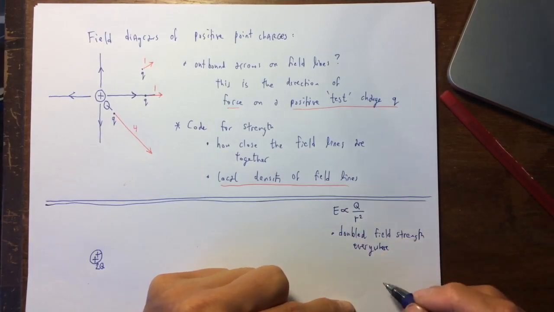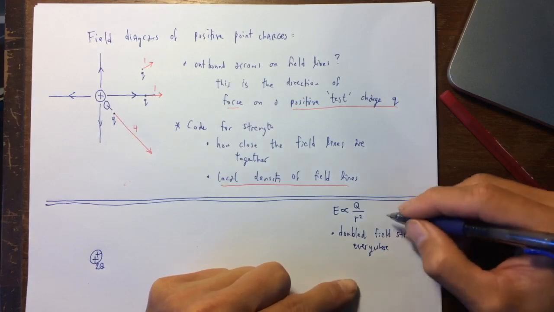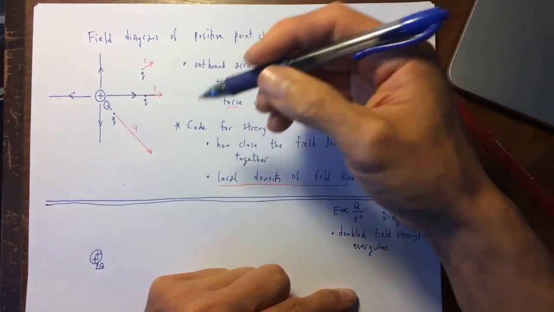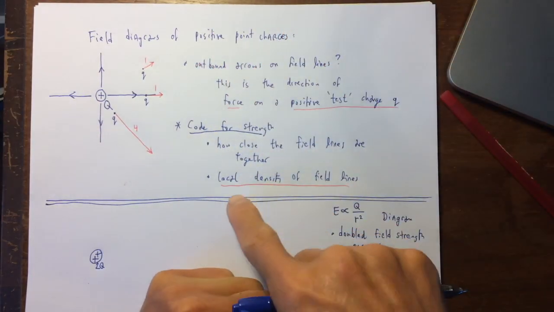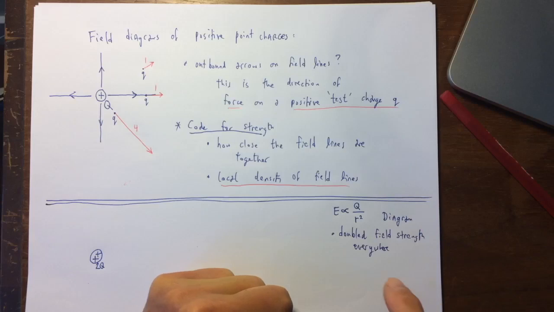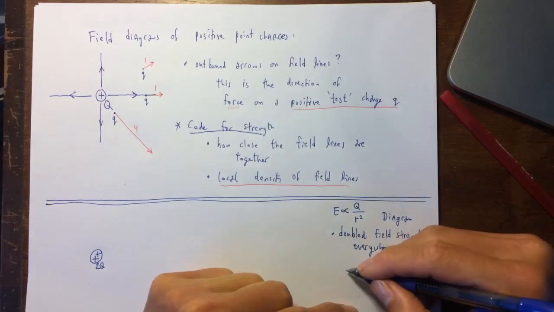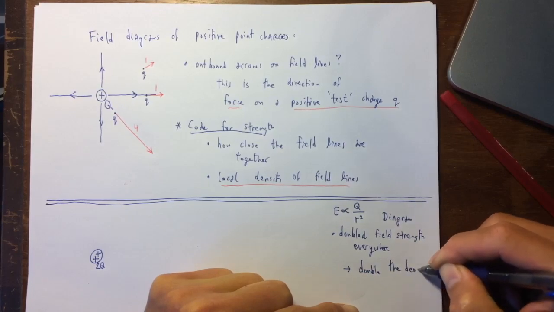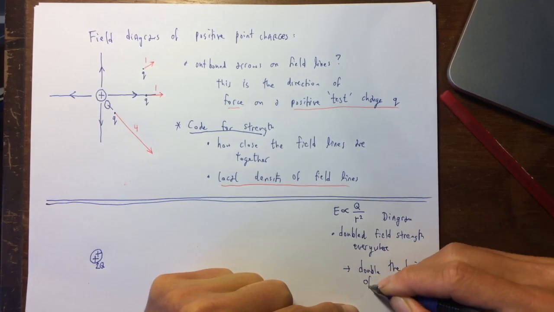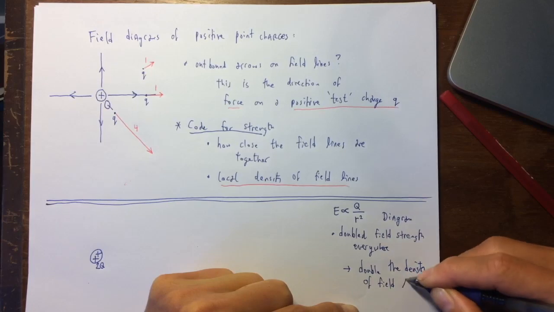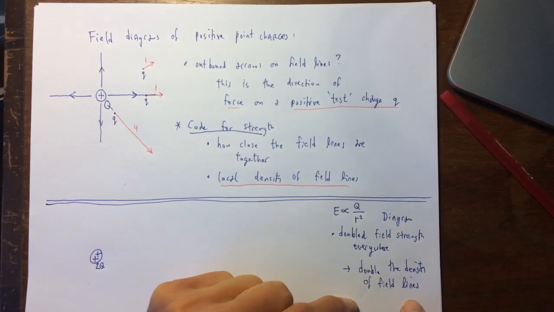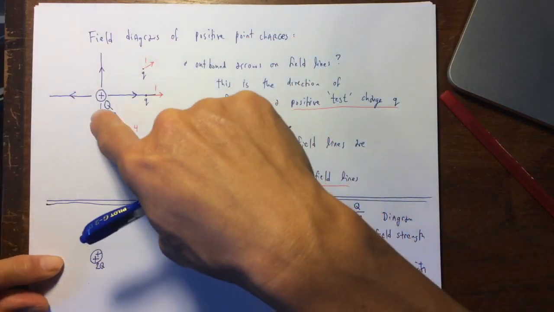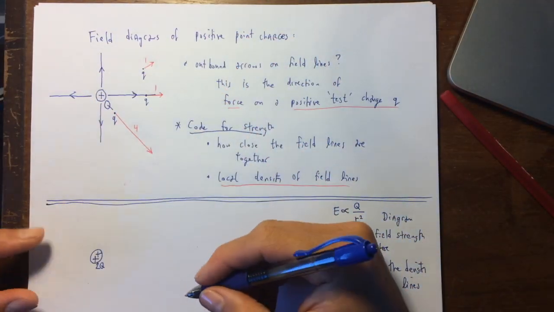So if I want to double the field strength everywhere, and I want to describe this in a diagram, and the code for strength is the density of field lines, then to double the field strength, let's double the density of the field lines. It's really easy diagrammatically if I just double the total number of field lines.